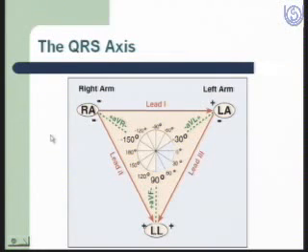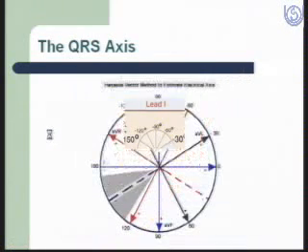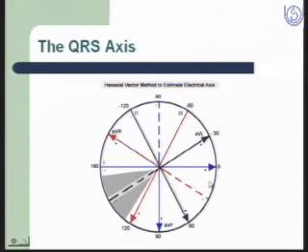So if we combine this into a hexaxial system, and horizontally we say it is 0 degree or 180 degree on the left side, then we can divide the ECG QRS axis into 4 quadrants: from 0 to minus 90 degree, 0 to plus 90 degree, 90 degree to 180 degree.